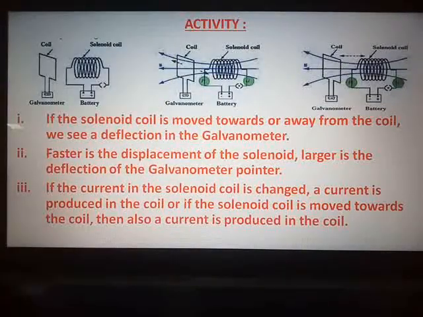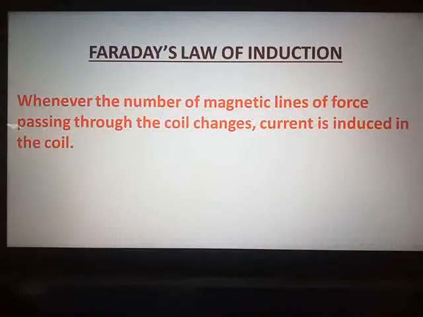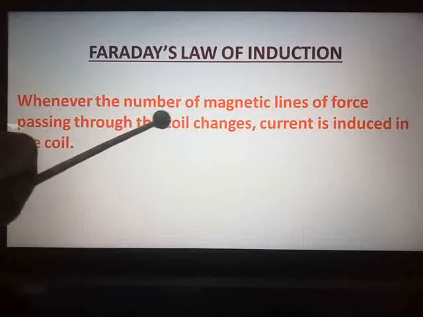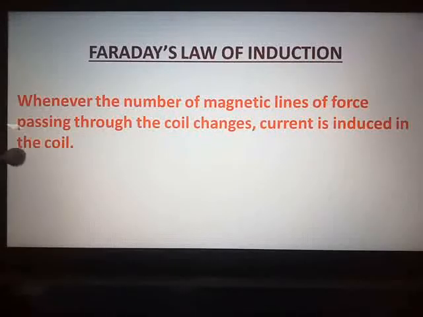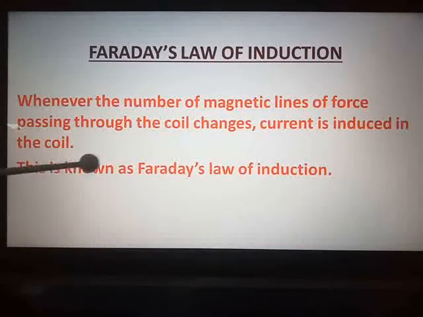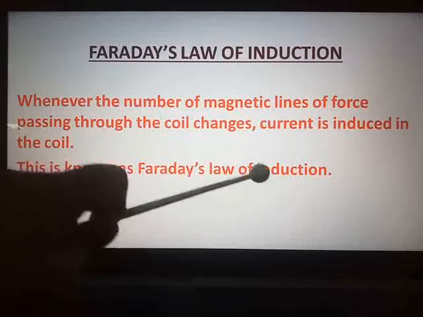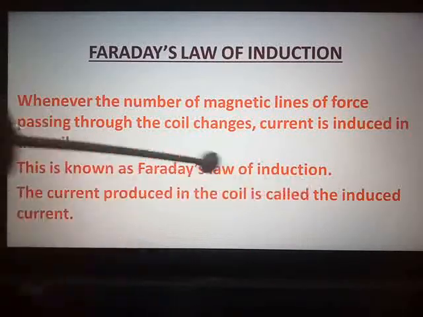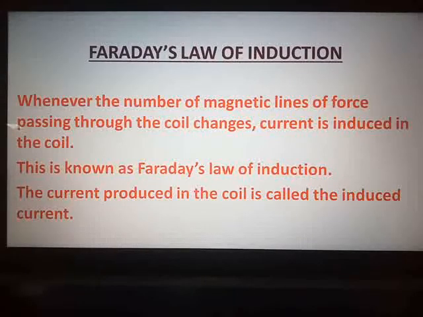And you have heard about induction cooker, induced, produced, and that is known as Faraday's law of induction. So whenever the number of magnetic lines of force passing through the coil changes, current is induced in the coil. This is known as Faraday's law of induction, and the current which is produced in the coil is called induced current. So it can be asked in the exam, state Faraday's law of induction.